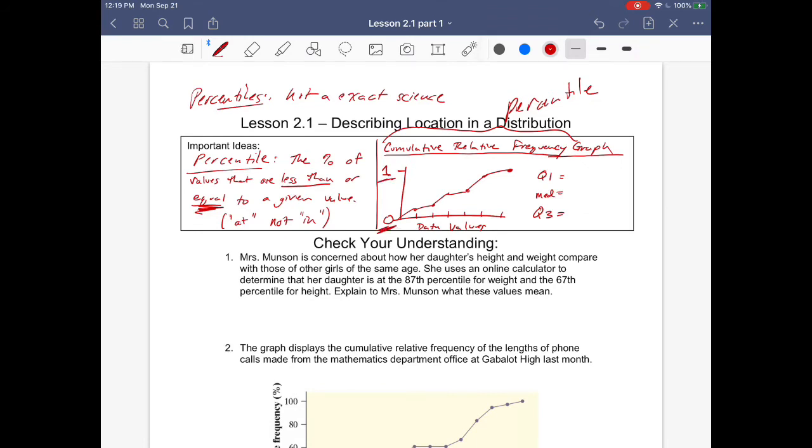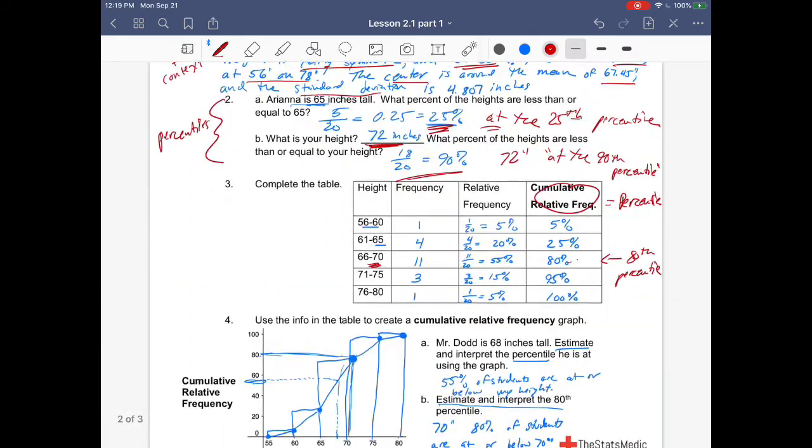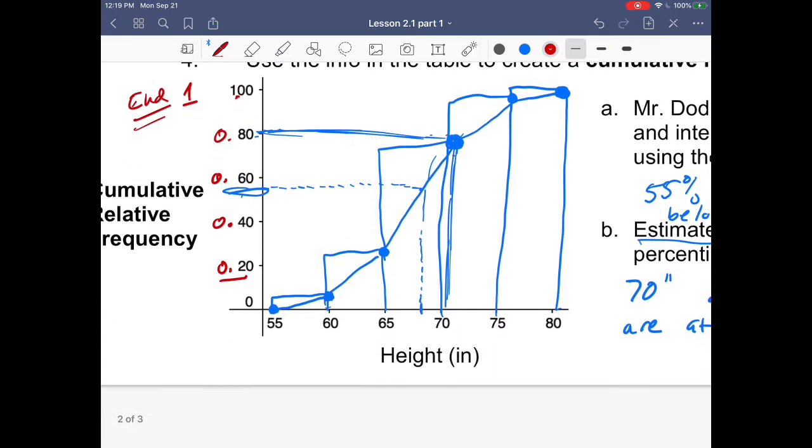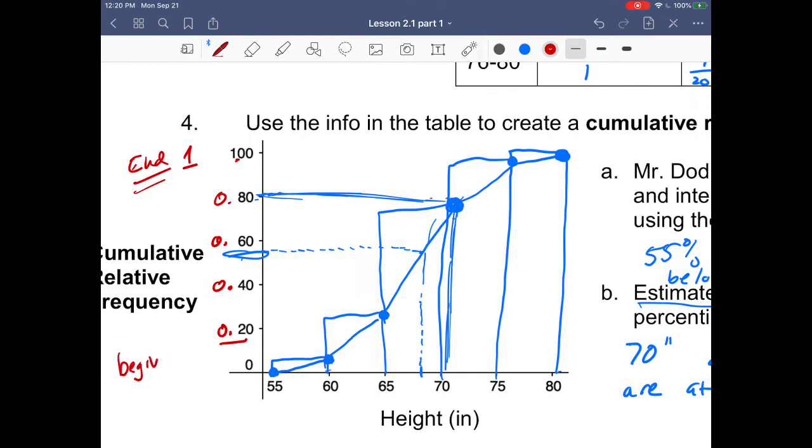Always start at 0 and end at 1 for cumulative relative frequency. So rather than percentages here, let's call this 0, 0.2, 0.4, 0.6, 0.8, and 1.0. So you're ending at 1, and you are beginning at 0.